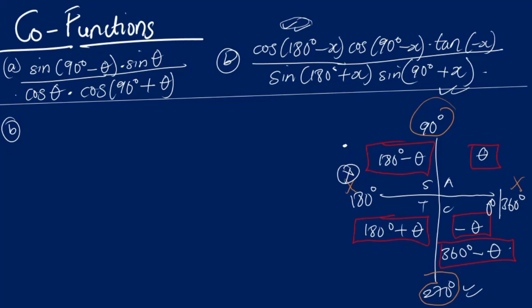All set. Which quadrant is 180 minus theta? Here. Is cosine positive there? No. So I have a negative cos, of what? Of this angle here, so I have an x there. All set. So let me put this in brackets because I have a lot of things and I don't want to create a mess there.